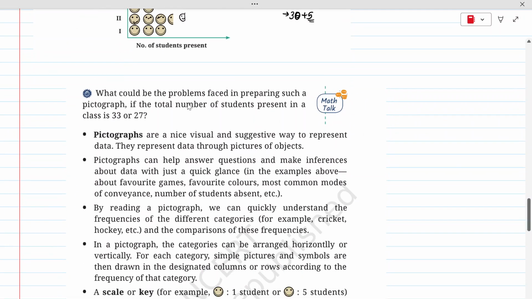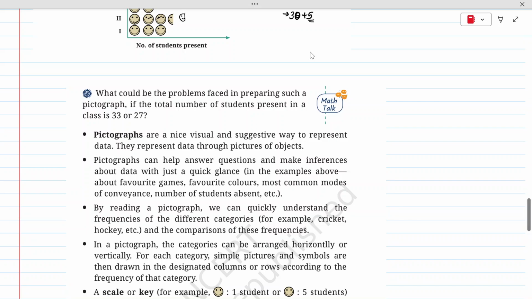Now, what could be the problem faced in preparing such a pictograph if the total number of students present in a class is 33 or 27? Now we have a question. We could easily draw the halves in the case of 35 and 25 when we take one smiley as 10 students.